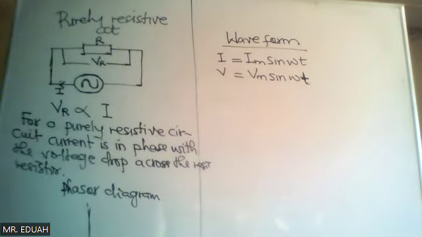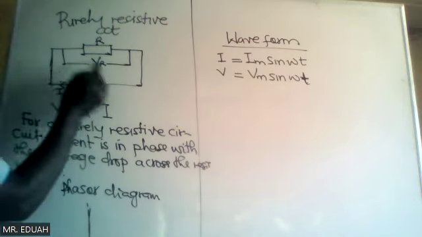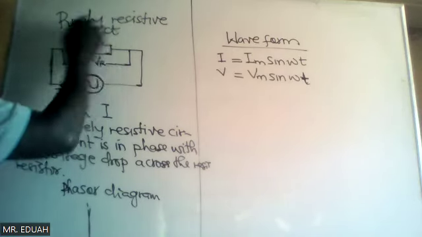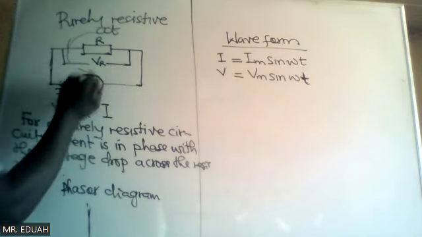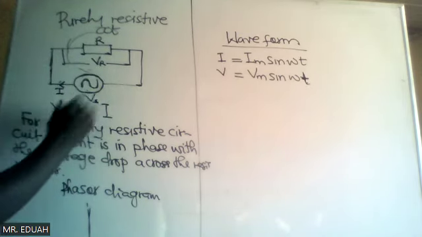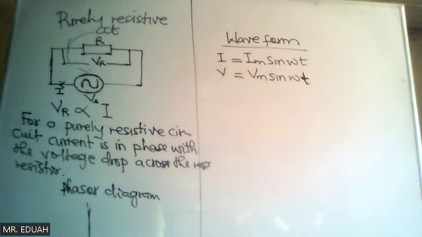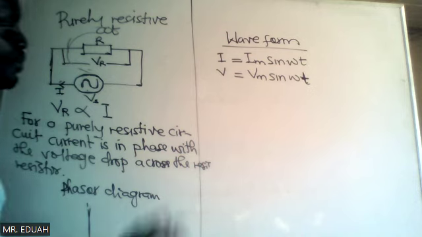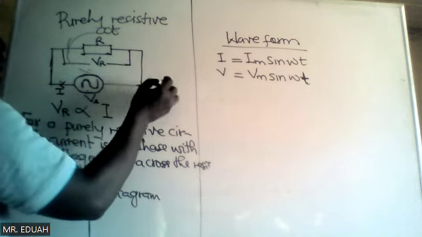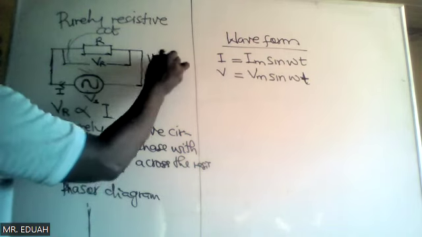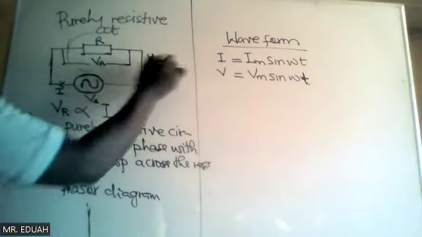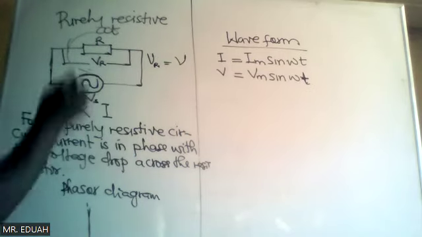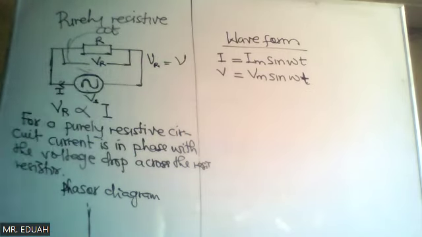And here we are connecting a resistor across the circuit, but because this is the only component within the circuit, the voltage drop across the resistor is certainly equal to the source voltage. Are you with me? Yes. So the voltage drop across the resistor is equal to the source voltage V, because this is the only component within the circuit.